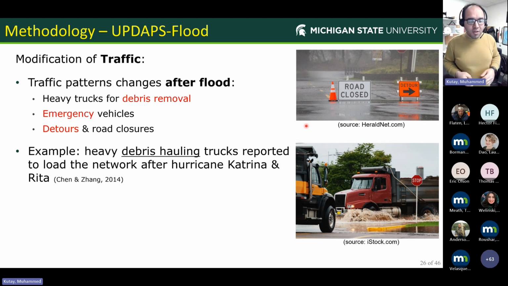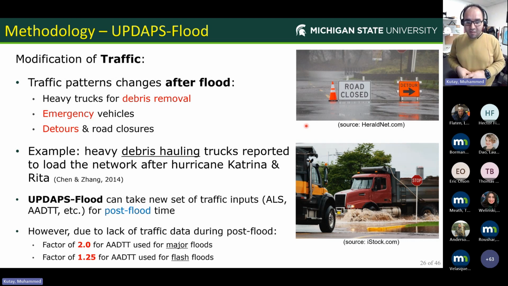We have this example after Hurricanes Katrina and Rita. It was reported that heavy debris hauling trucks caused damage to the whole network. In UPDAPS-Flood, we have the option to take a new set of traffic inputs, such as axle load spectra, ADT, and truck distribution.